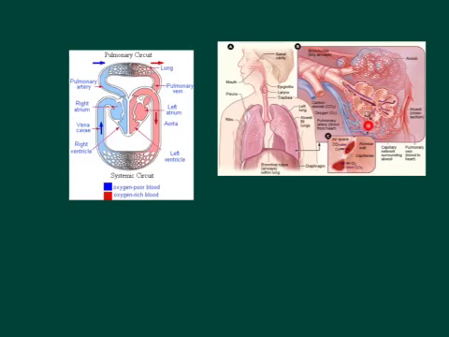Remember, it's blue here because there's low oxygen, but it's an artery because it's moving away from the heart. It circulates through these capillaries and then starts to recollect. It comes out here and starts to separate into the little capillaries right here in the alveoli.